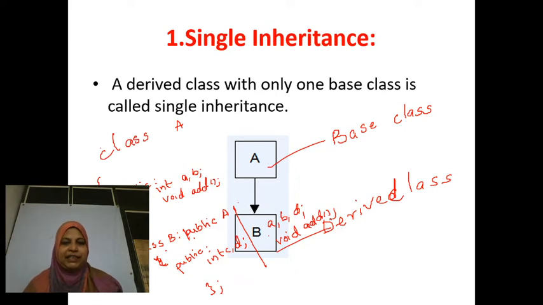This is single inheritance. In single inheritance we have only one base class and one derived class. The derived class is going to inherit all the properties of its base class. In this case I am using the public access modifier.